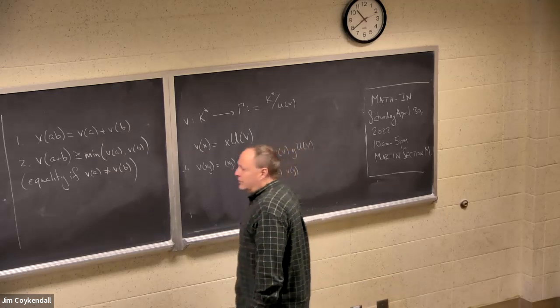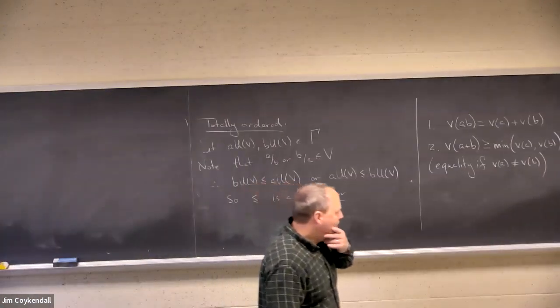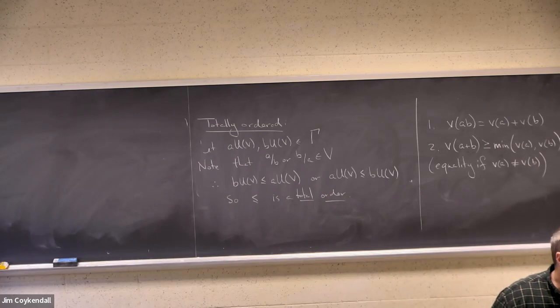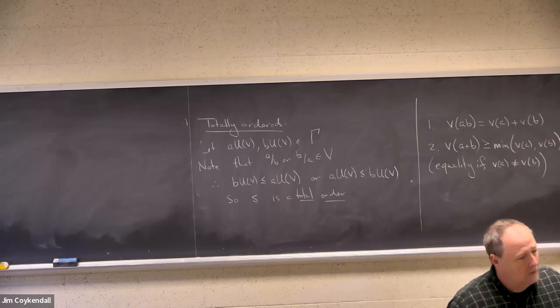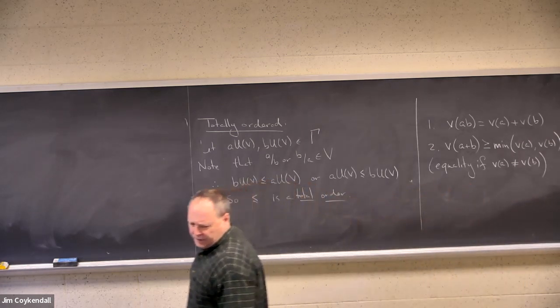Okay, here is a big, wonderful fact about valuation domains. The last thing that I proved for you last time was that if you have a bunch of integrally closed domains, and remember what that means is everything in the quotient field that is integral over the domain is already there, and you intersect them, it'll still be integrally closed.